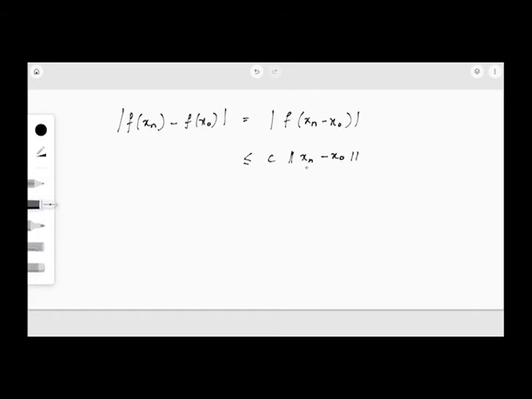Now we have assumed that xn tends to x dot, so this will tend to 0. So when xn tends to x dot, we get f of xn converges to f of x dot, and hence f is a continuous functional.